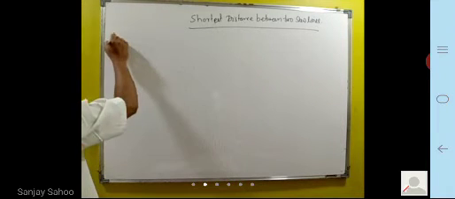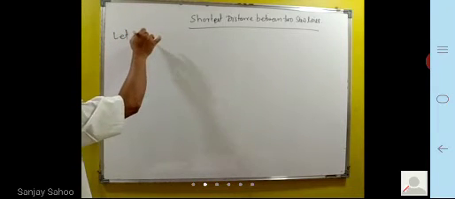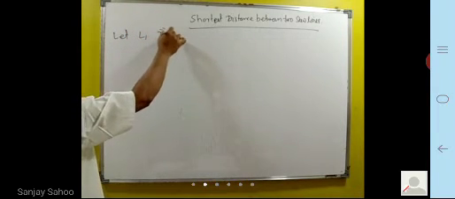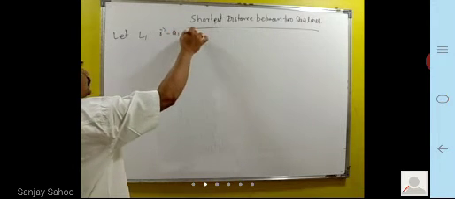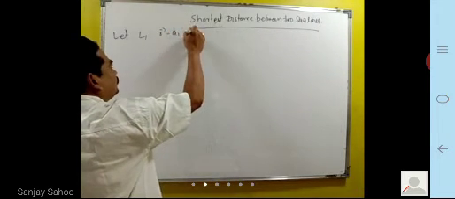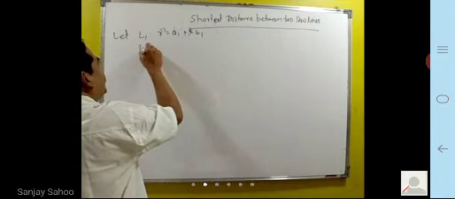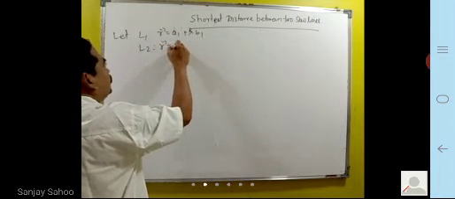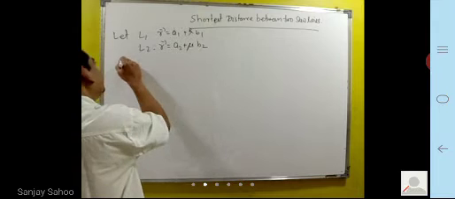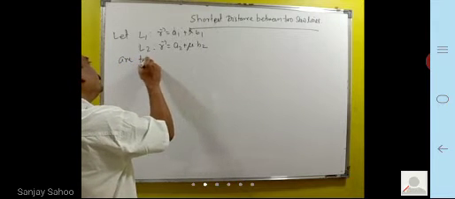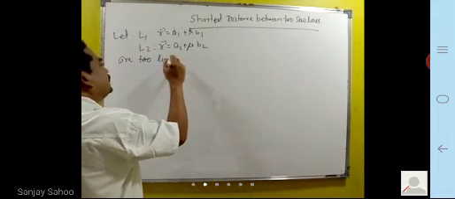Let L1, that is r equal to A1 plus lambda B1, and L2, r equal to A2 plus mu B2, are two lines, skew lines.